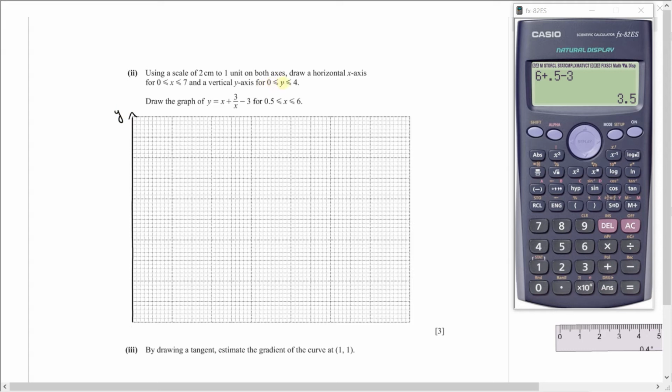And then for y values, you have 0 till 4. If I start from y value 0 here, 0, 1, 2, 3, 4. So my x-axis will be this line because my y of 0 is also starting from this point here. This will be my origin. So let me draw the x-axis here.